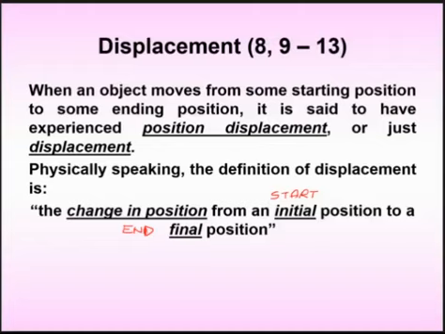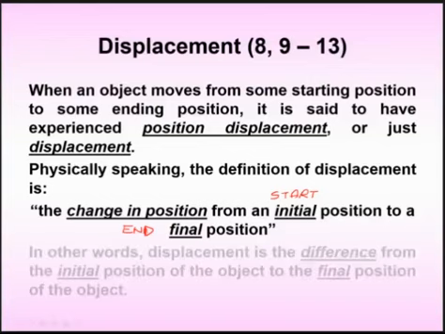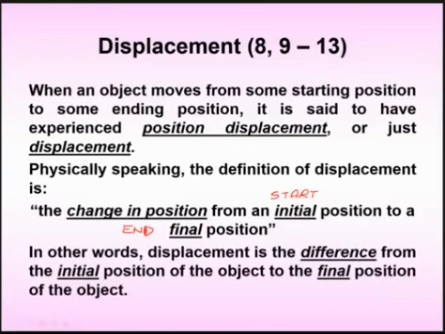So displacement is the change in position from an initial location to a final location. In other words, displacement is the difference from the initial position of an object to the final position of the object.